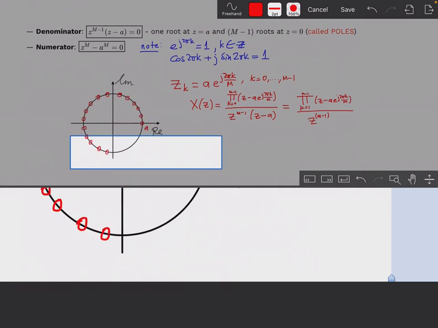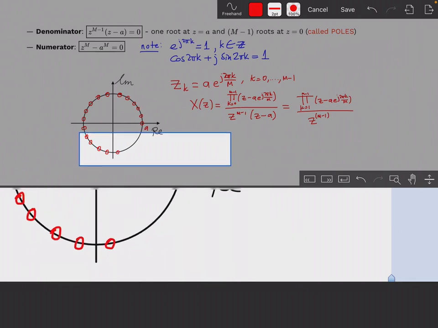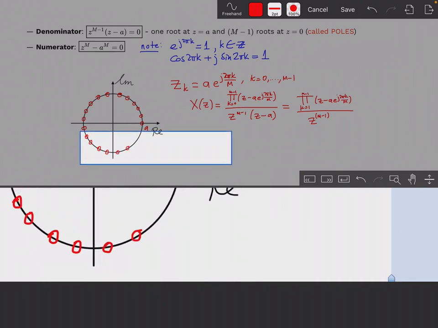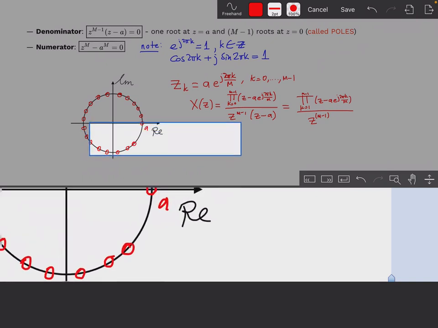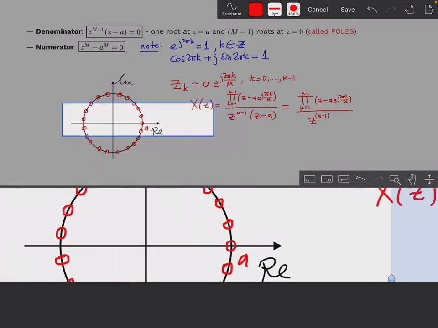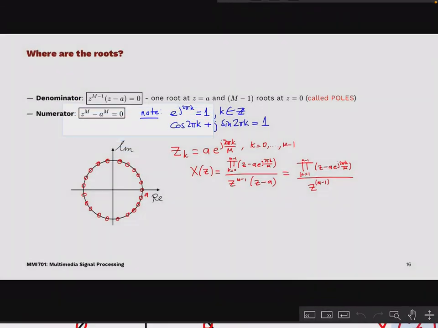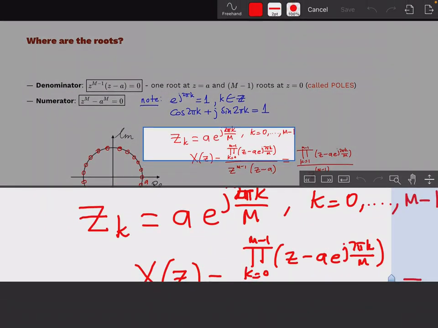And these are going to be at complex conjugate positions. So if a plus jb is a root, then a minus jb is also going to be a root. So these are the zeros, and let's draw the poles as well.